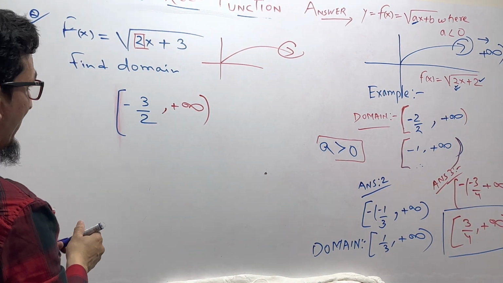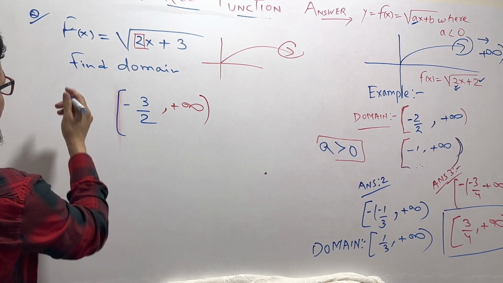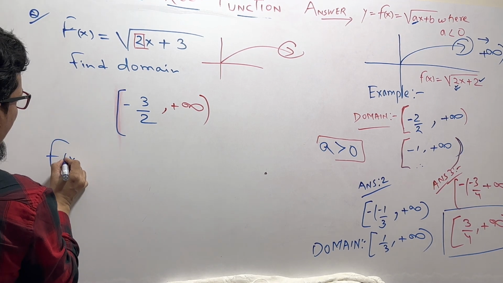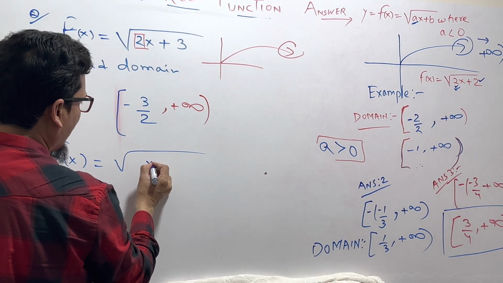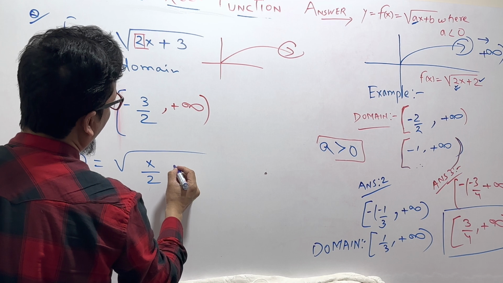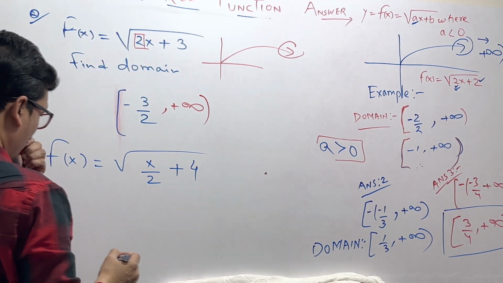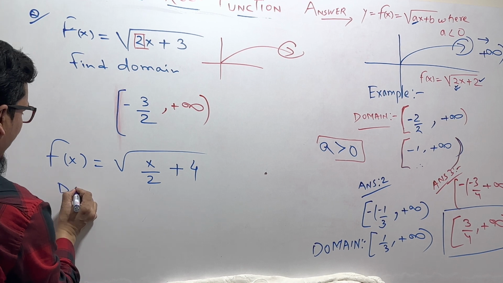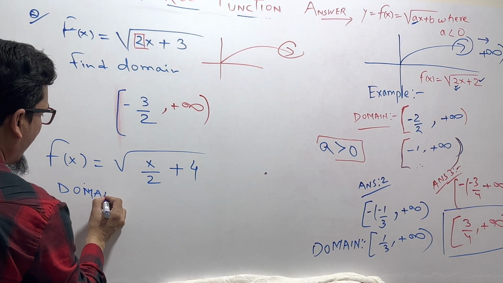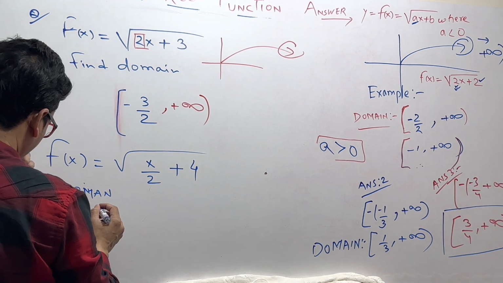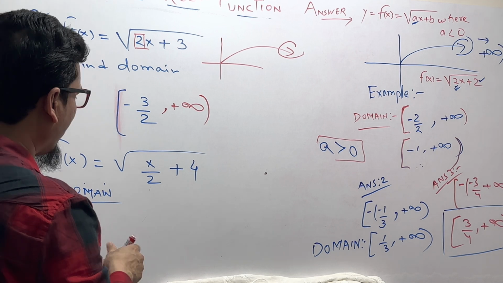One more example I can give you. If I have f(x) is equal to under root x by 2 plus 4, and the question is find the domain. How will you find the domain? You have to check only.